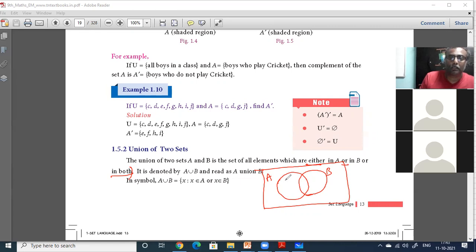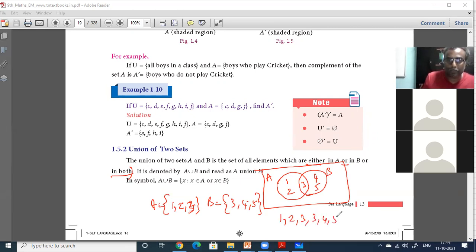Now, let us say 1, 2, 3, 4, 5. A is 1, 2, 3. B is 3, 4, 5. A union B is what? 1, 2, 3, 3, 4, 5.